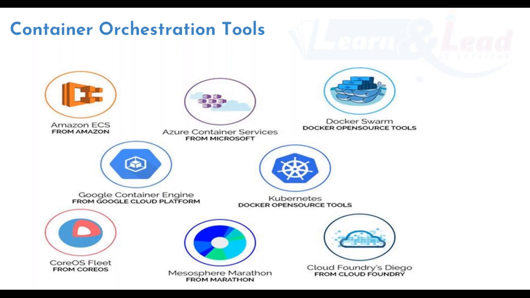I know, team, we have spent a good amount of time on containers, but that is required for you to understand Kubernetes. That's why we spent a lot of time on containers first. Now we are introducing Kubernetes as a container orchestration tool. There are various other tools also, you could go and check them. So let's get on to the actual topic for this demo, which is Kubernetes.